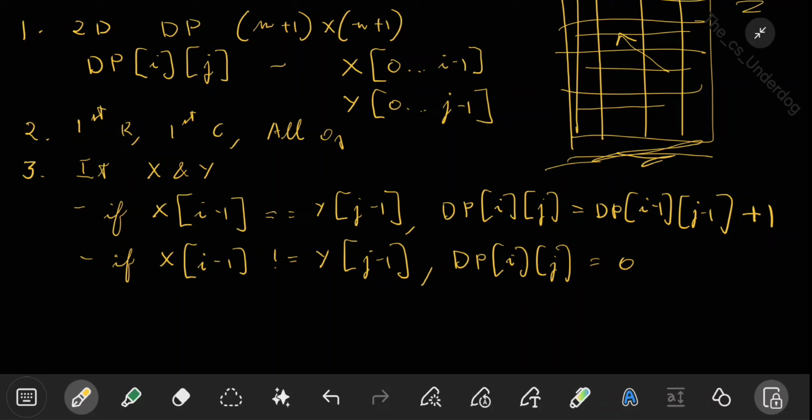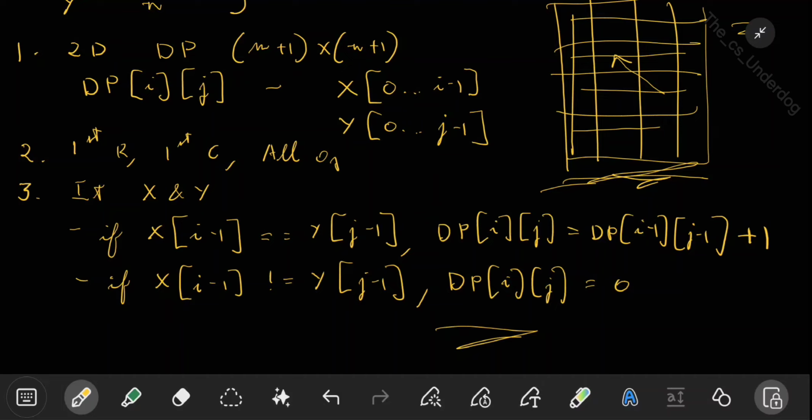So what do you want to do now? By this logic, you can fill the entire table. The next question is, how do you identify the final answer? I'll show you something from which you will understand that the logic should not be the same as the subsequence algorithm in order to find the final answer. In case of the subsequence algorithm, we kept filling everything, and what did we finally do? We saw the last entry in this dp table.